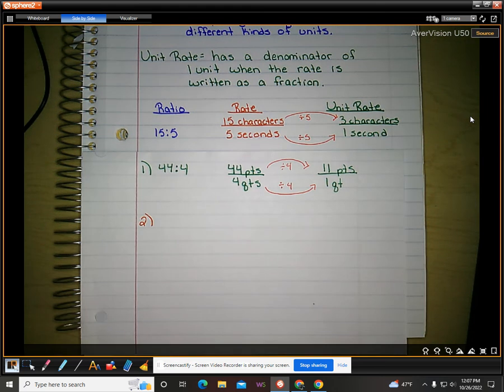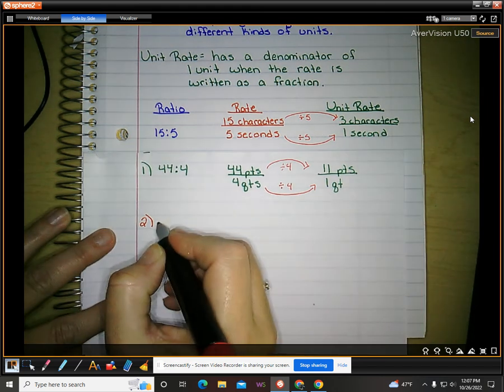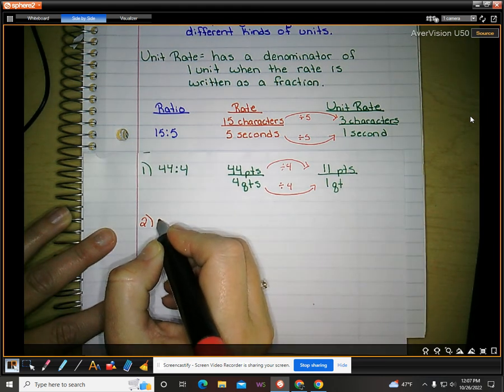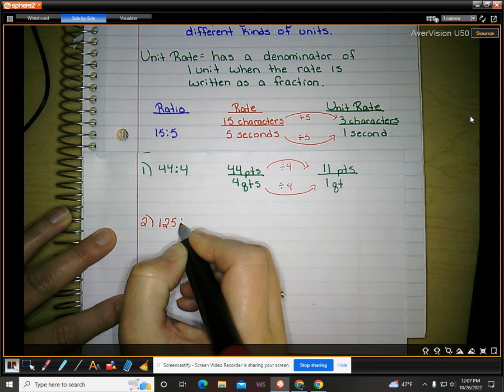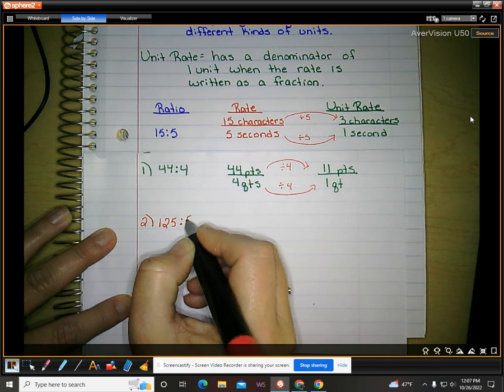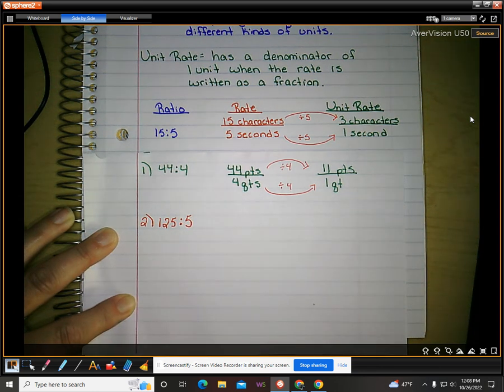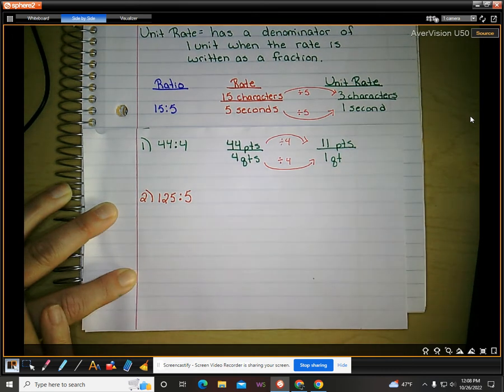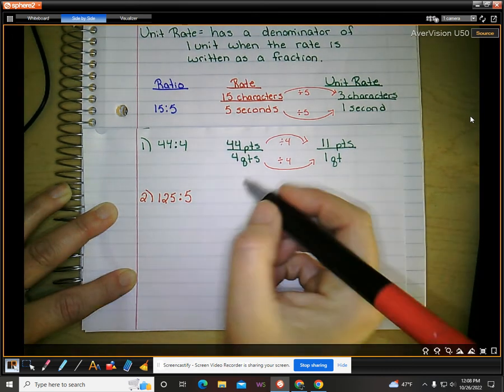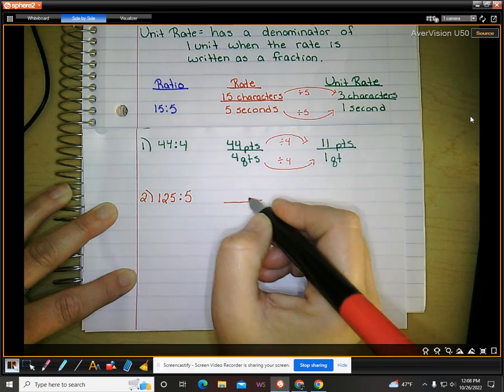All right. If we have a really super fast animal, probably like a cheetah or an ostrich, and they are running 125 feet in 5 seconds, that would be a ratio, 125 to 5. To turn that into a rate, it has to be a fraction.